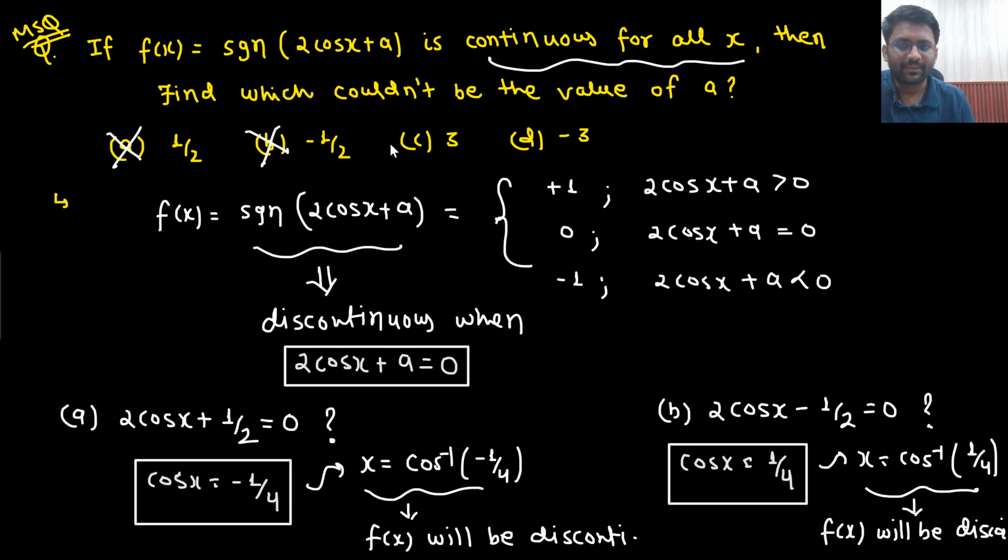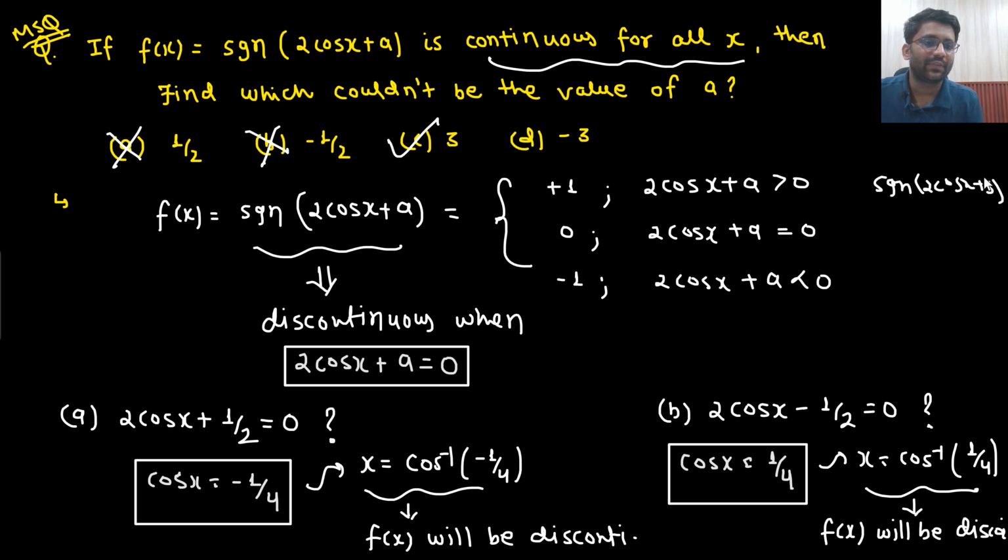What does that mean? That means, yes, sir, if your a is equals to 3, then this function can never become 0. No matter whatever the value of x you take, this particular function can never become 0. Whatever the value I get, I don't care.